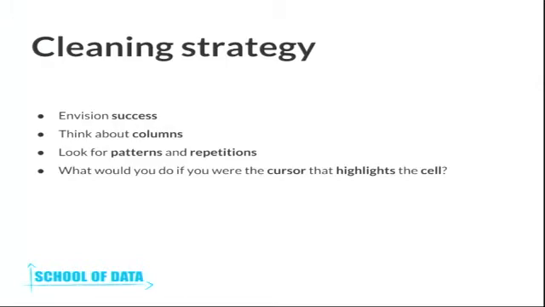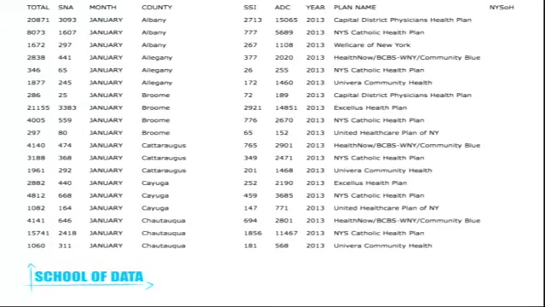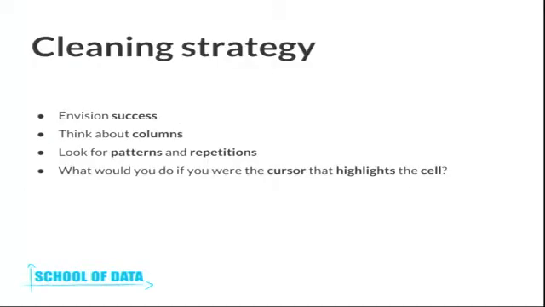See what success looks like in a situation like this. Think about columns. What are the columns that you want to have in the end? Look at the dirty file, the human report, and think about the columns that file will generate for you in the end. Just like we did here. So these are the columns that we're looking for. Think about the columns. Look for patterns and repetitions.